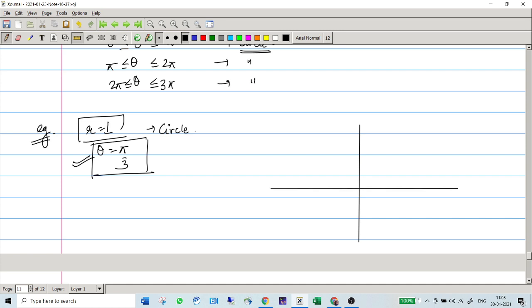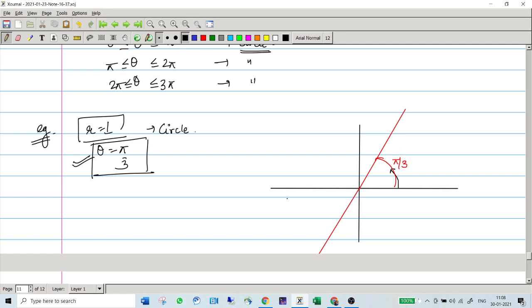You have your axis. Theta is pi by 3, means you're traveling pi by 3 radians from the positive x-axis, and you'll be traveling r units. Now r can be anything. This is your line for theta equal to pi by 3.